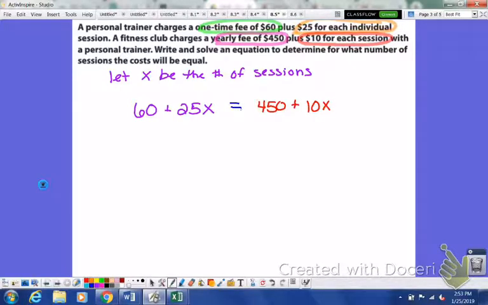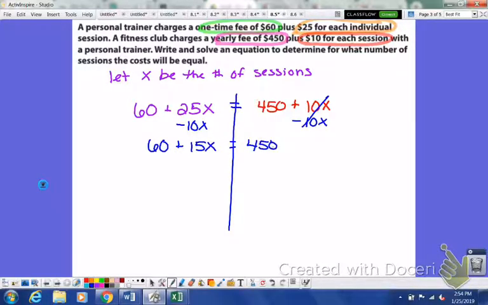Okay, so we've got our equation set up, drop our line, and start simplifying. I need my x's on both sides. I see 25x here, I see 10x here. Personally, I'm going to move my 10x because again, that gives me a positive value to work with. 10x minus 10x is gone. So 25 minus 10 gives me 15x, and 60 plus 15x equals 450.